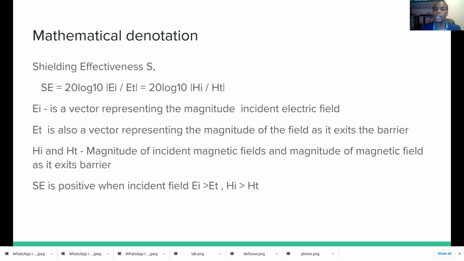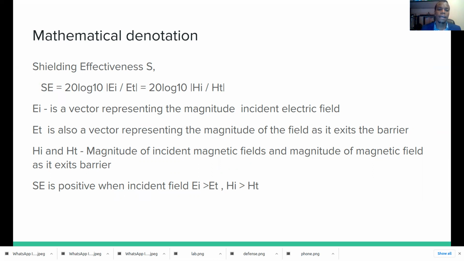It can also be taken in terms of the magnetic field. EI is for electric, HI is for magnetic fields. So you get the ratio of the incident magnetic field, HI, to the transmitted, HT.